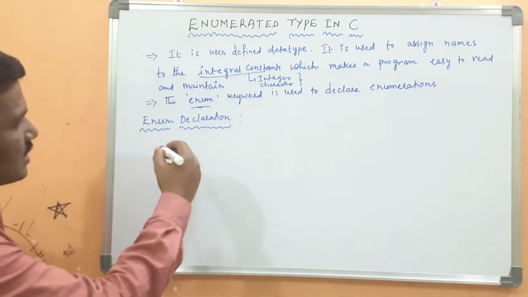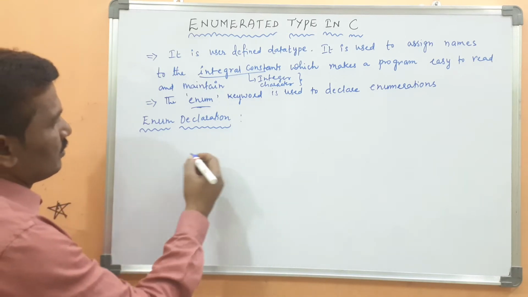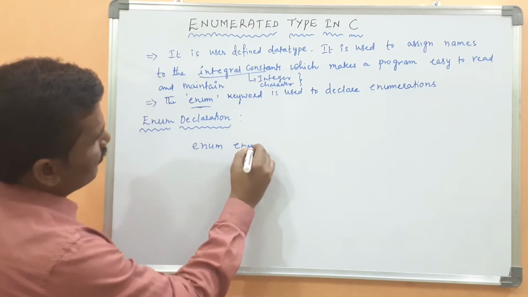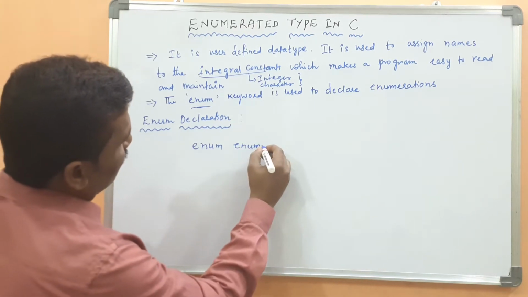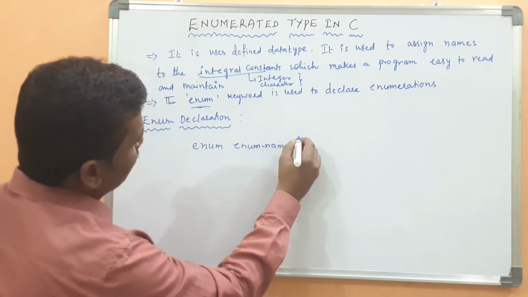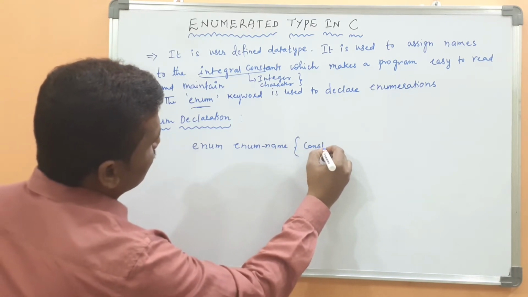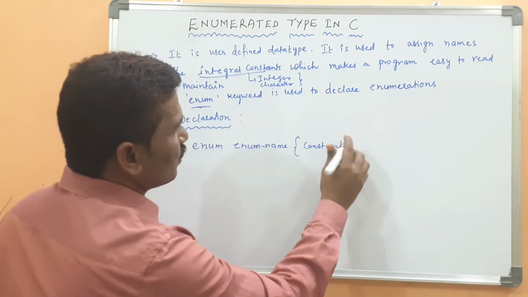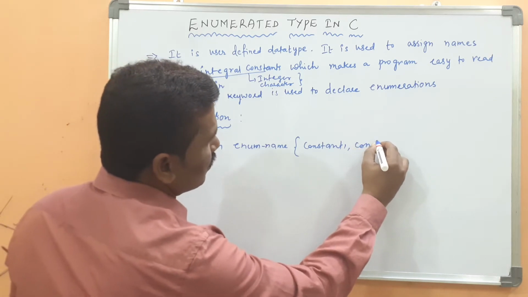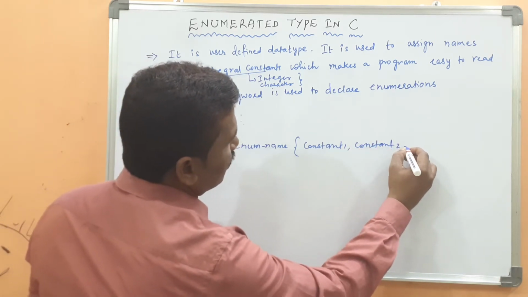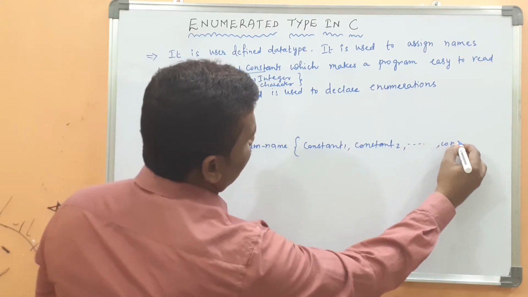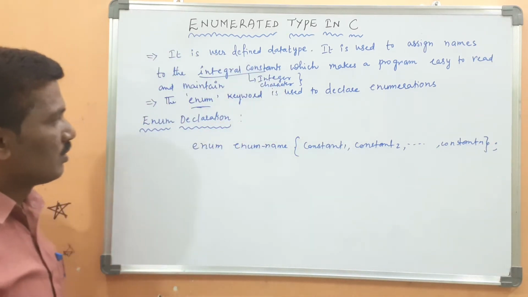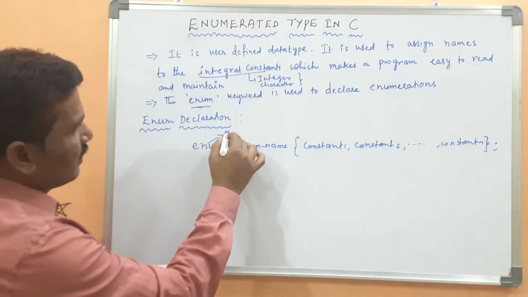But what is the syntax? enum is the keyword, then the enum name, followed by the constants, which are integer constants: constant 1, constant 2, up to constant n, followed by a semicolon. There, enum is the keyword.